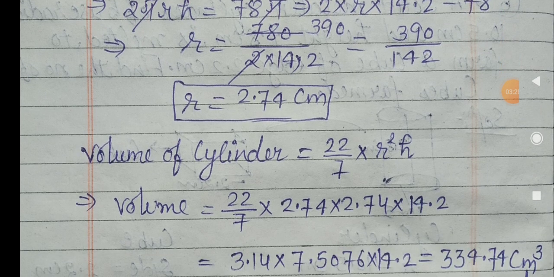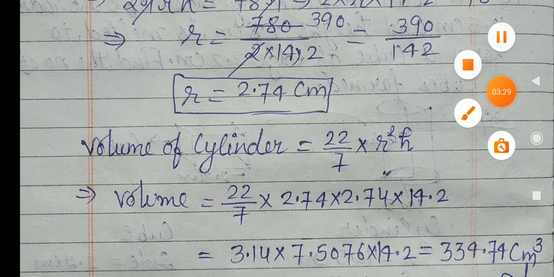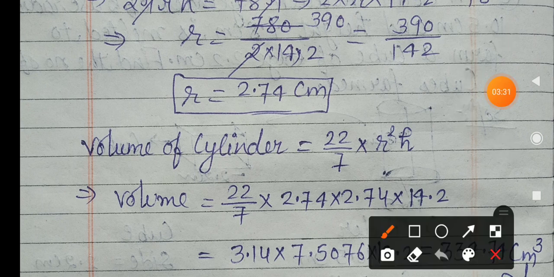So r is equal to 780 upon 2 into 14.2, and then you have to cut 780 with 2, and this is converted into 390. How to convert 78, I have to explain here.